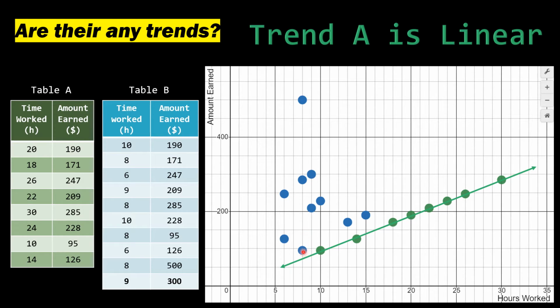And in fact, some of these points are actually directly on top of each other. That will make it hard to make any predictions for table B, because table B is just showing us the amount earned for 10 different students. So when one student works 8 hours, we can see there's a few different outcomes for the amount of money that could be earned. But Neil gets paid a certain wage or a certain rate, and as he works more hours, his pay goes up at a constant rate, which makes it a linear function.